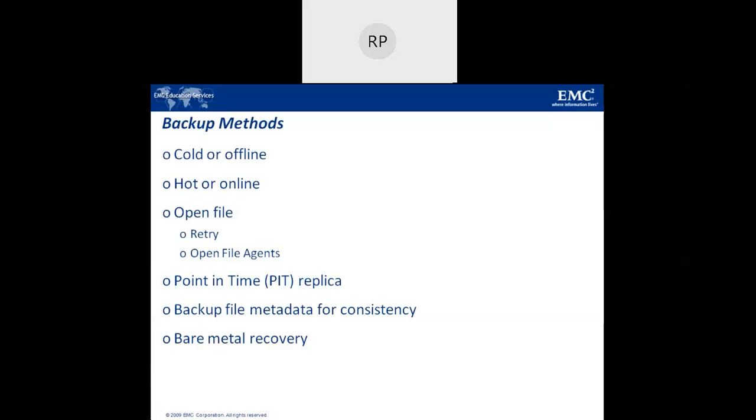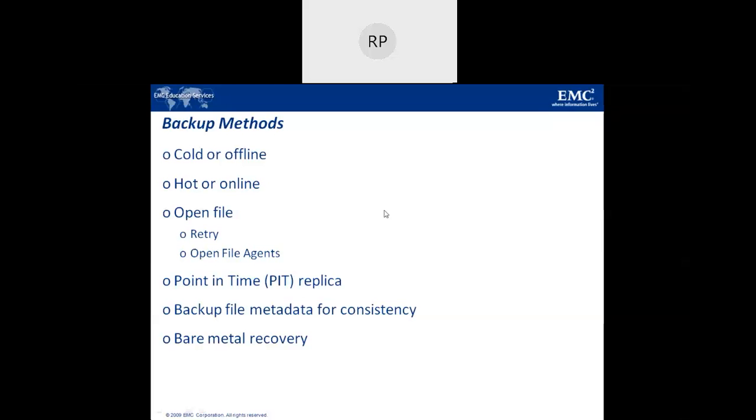Means your system is corrupted. In that case, you need to take a backup of all metadata, system information, and application configuration, and this is called bare metal recovery. In short you can call it BMR. Okay, these are all the different backup methods which are used for taking the backup.